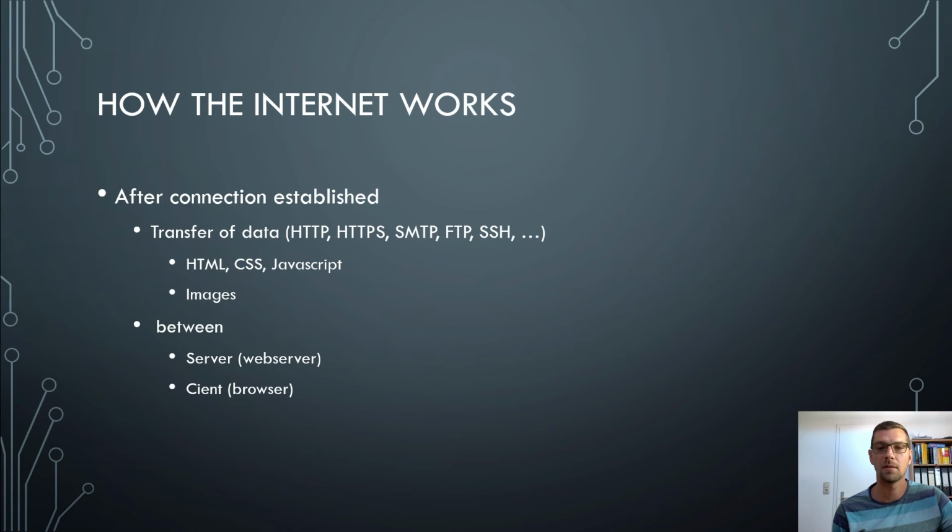Or here SMTP for sending emails, which works exactly the same way, it's just a different protocol sending it, or the file transfer protocol, FTP, SSH, and so on and so on. They all have their certain purpose, but usually when we just communicate through our web server, we usually use HTTP.